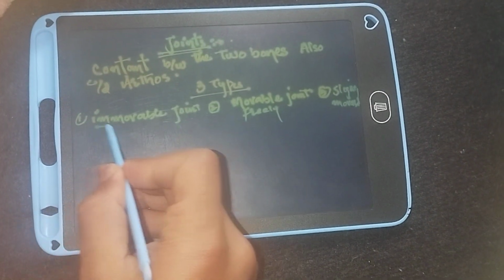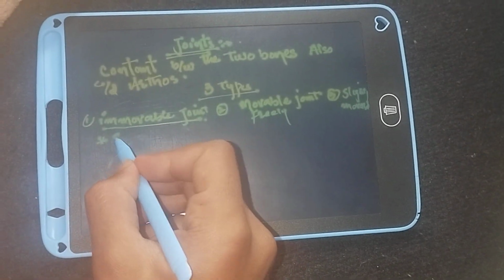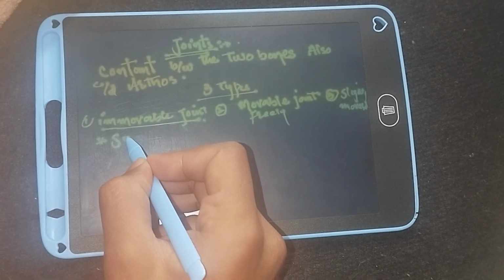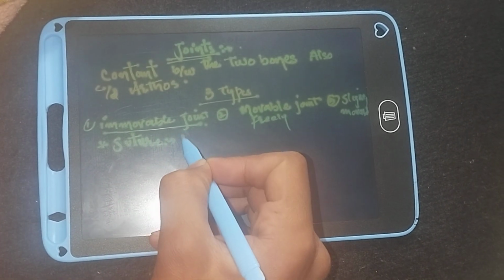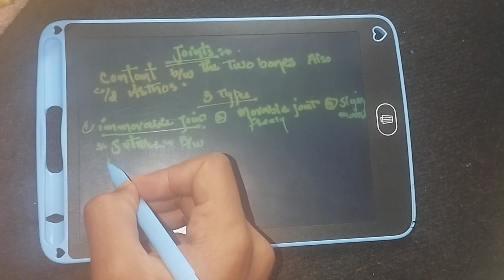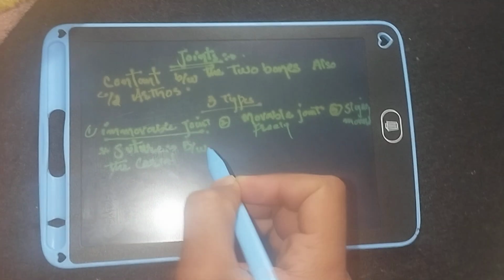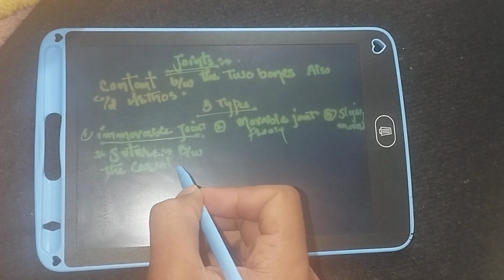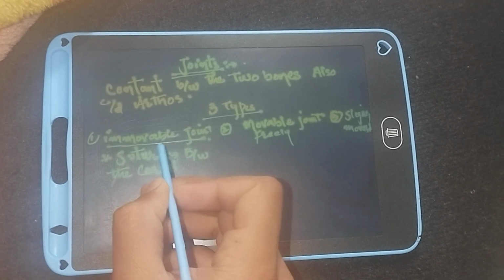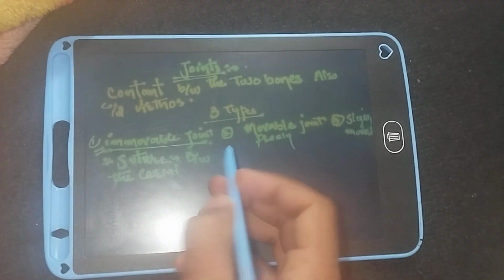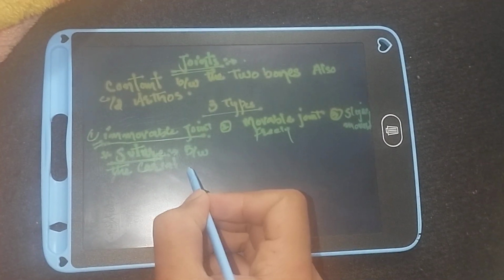Let's see an example of an immovable joint, that is suture, which is between the cranial bones. The bones of our head have this joint present. This is an immovable joint, which we call suture.